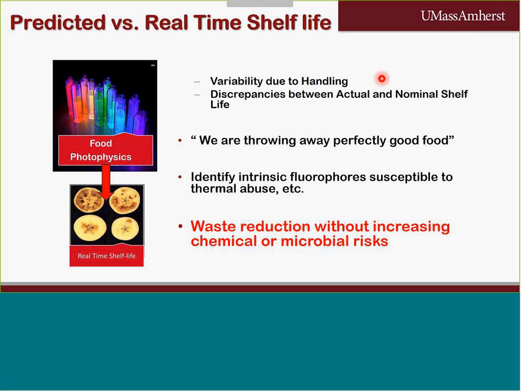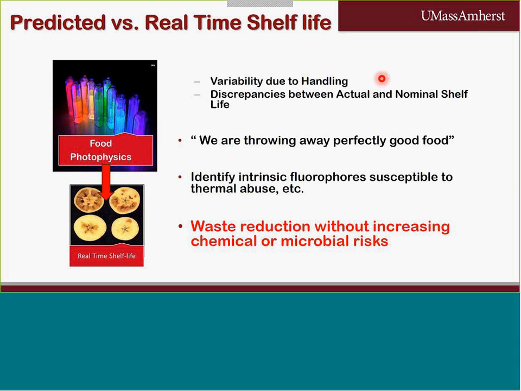There is a huge movement nowadays that suggests that we are throwing away perfectly good food, and probably they are right, because we are basically evaluating shelf life based on predictive models and with large safety margins, and not making measurements in real time.